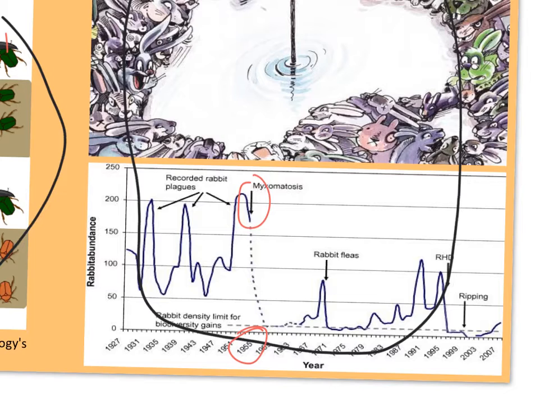And immediately, the rabbit population went down to, well, over 95% of rabbits were killed by the virus. Worked great. Now, however, there were still some rabbits left over, and these either had never been exposed to the virus or they had some resistance to it. They managed to survive the infection. They were now immune to it.